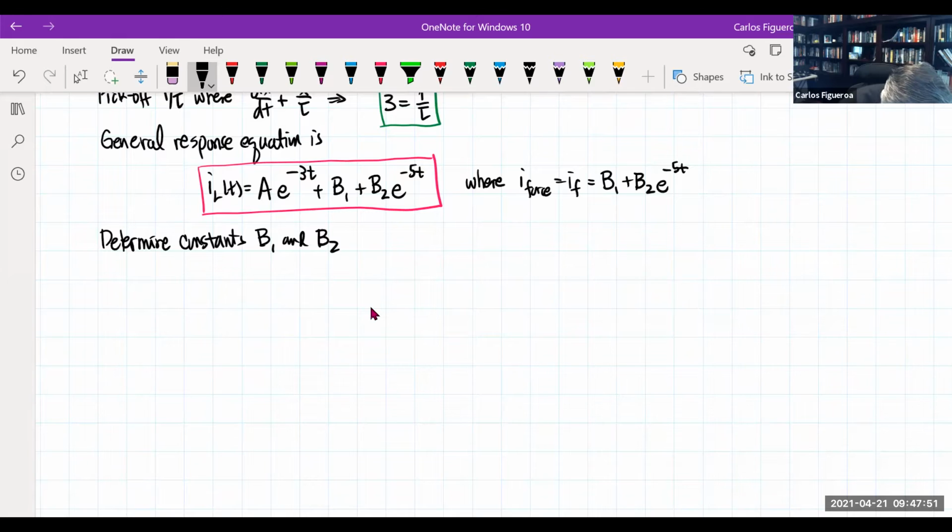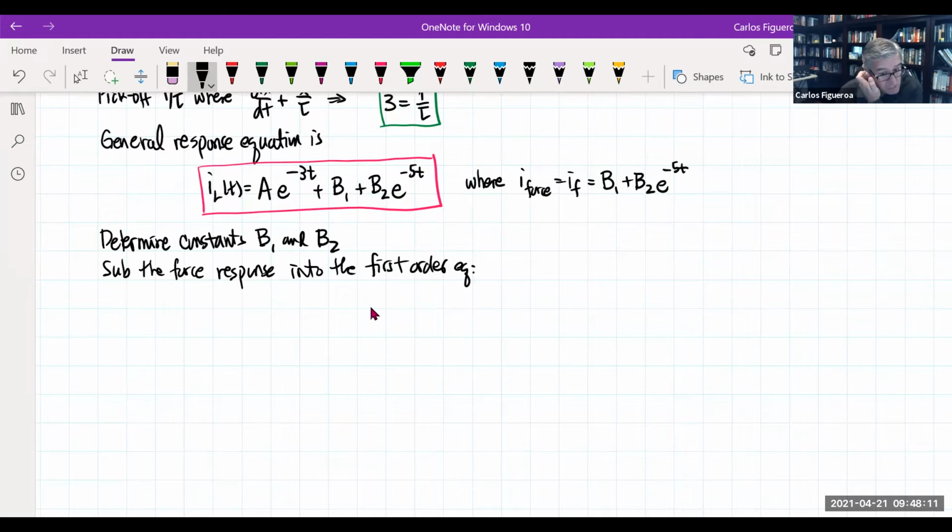So we substitute the forced response into the first order equation. So let's do that. So here I go.